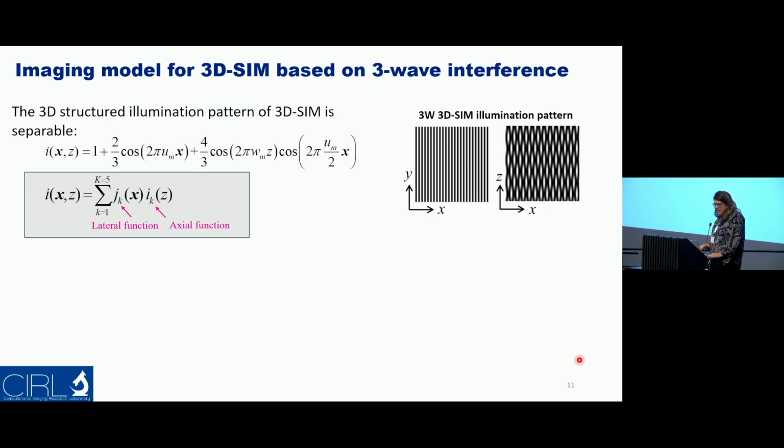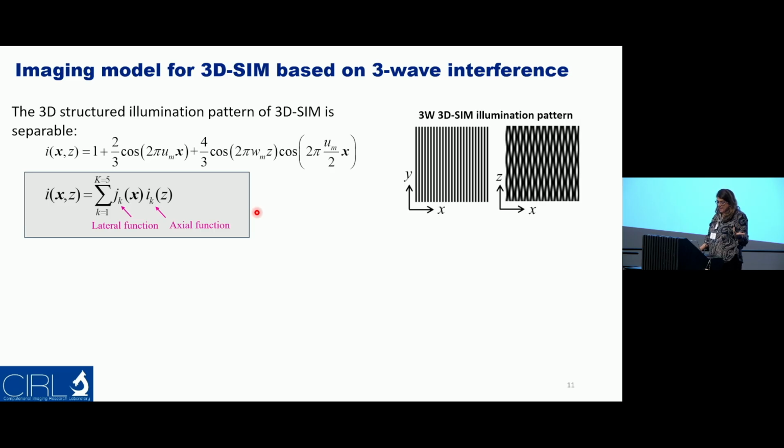So one thing that I want to point out, and I don't want to dwell on equations here, is that the three-dimensional imaging structured illumination pattern is separable in two functions, one that is lateral and the other one that is axial. That was shown at the beginning by Mats Gustafsson.